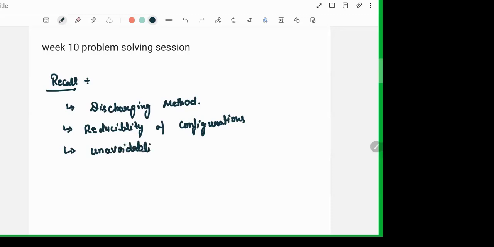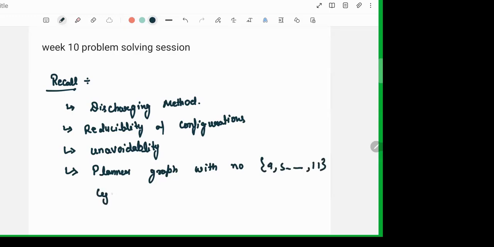Unavoidability. What else? After this, we have proved this theorem, but we know a stronger version. We have proved that any planar graph with no 4, 5 up to 11 cycles has a 3 coloring.